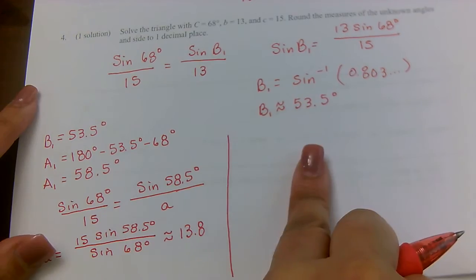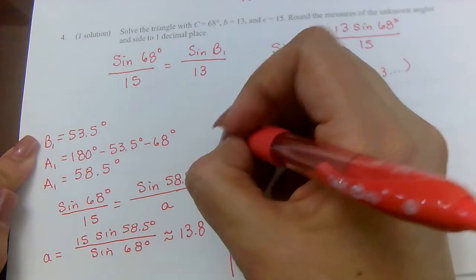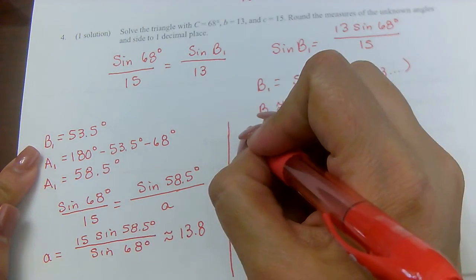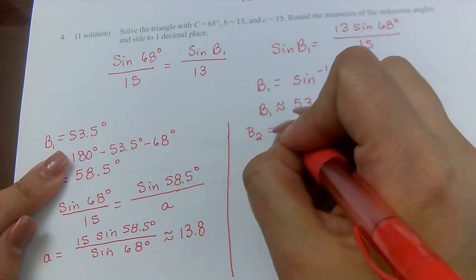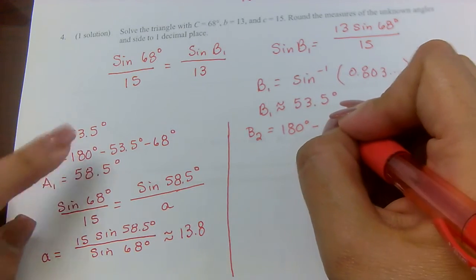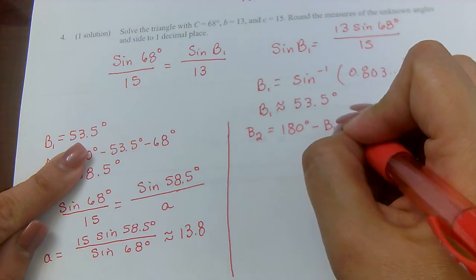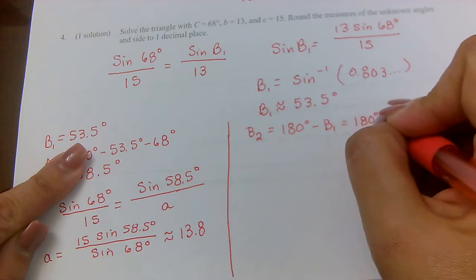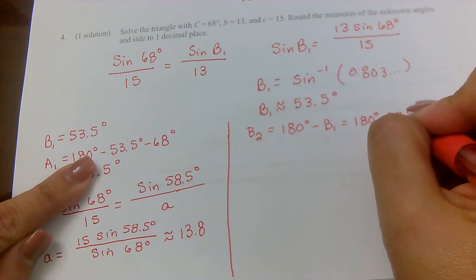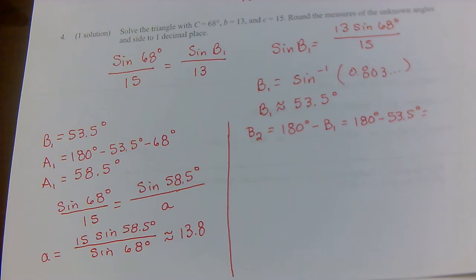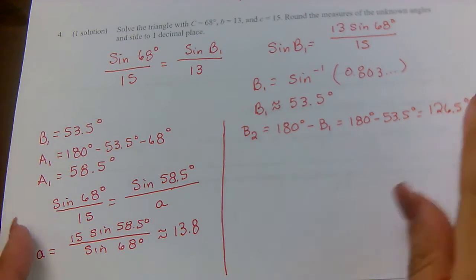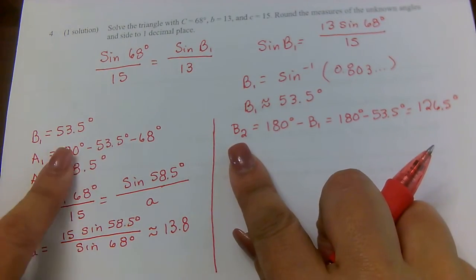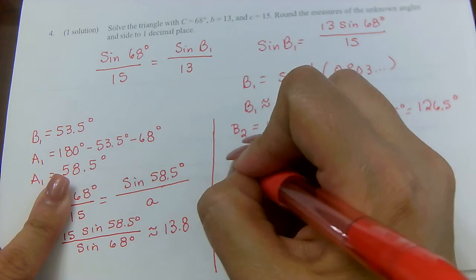Okay, if I'm looking for a second triangle, here's going to be your big clue. You're going to say B2 will always equal 180 degrees minus B1. So 180 degrees minus 53.5 degrees. Okay, let's plug that into the calculator, and you should get 126.5. Okay, now that you have B2, we're going to look for A2.